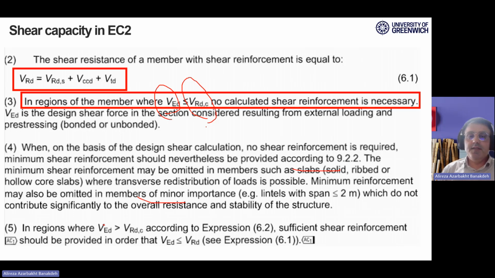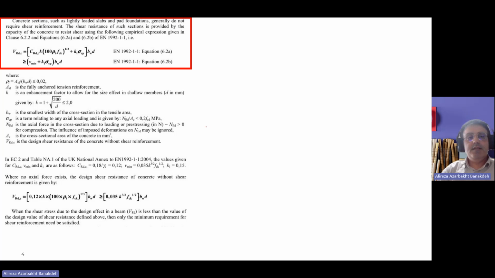We don't rely on that, and we just design our section for the resultant external forces, VED. We continue in the Eurocode with equation 6.2, which gives you the VRDC, just to see if we are less than that or more than that. And the parameters are defined here.